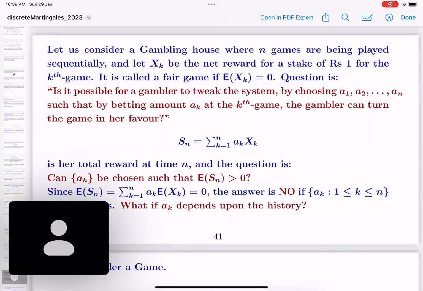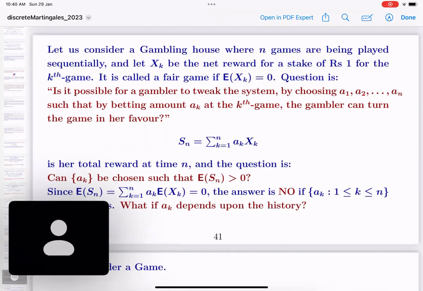Let's consider a gambling house where n games are going to be played sequentially. Earlier, there were two coins, two dice being tossed at the same time. Now there is a game which will be played sequentially. Same game, different game, doesn't matter. Let Xk be the net reward for a stake of ₹1 for the kth game. If somebody bids ₹1 on the kth game, they will be rewarded Xk.